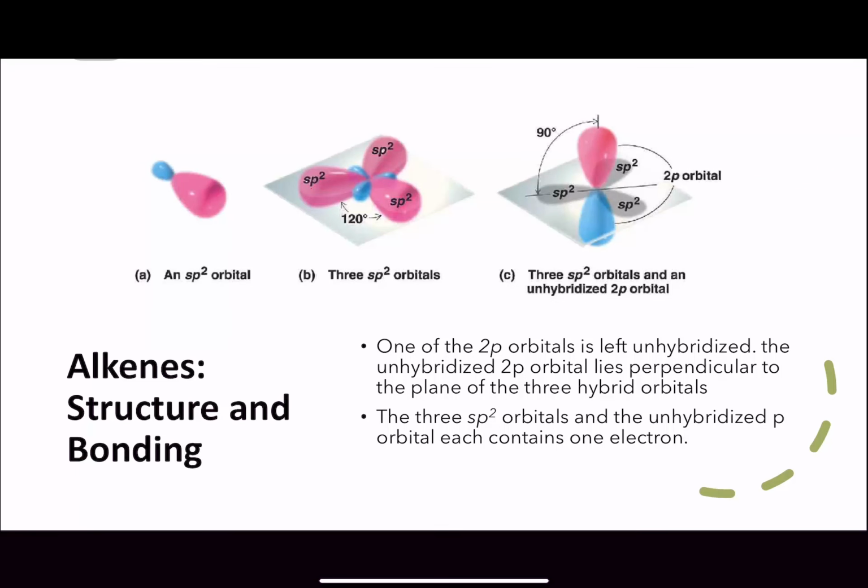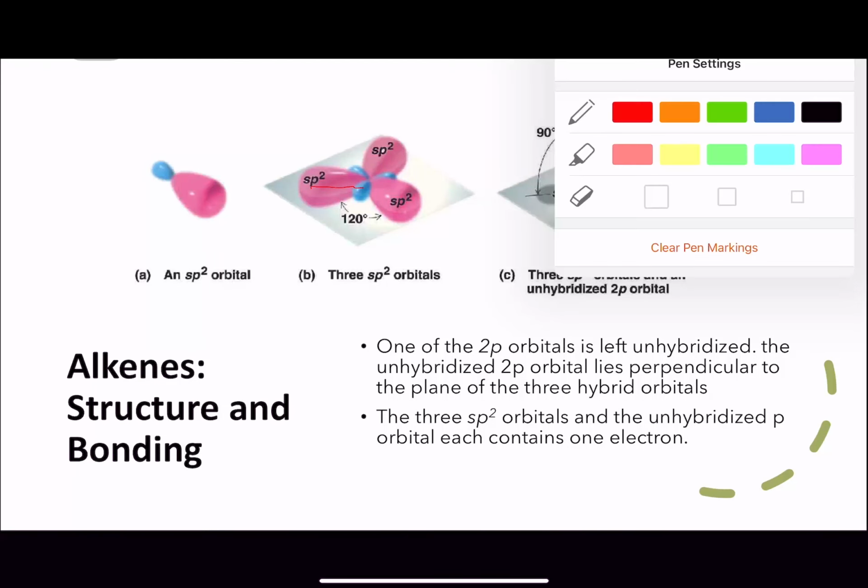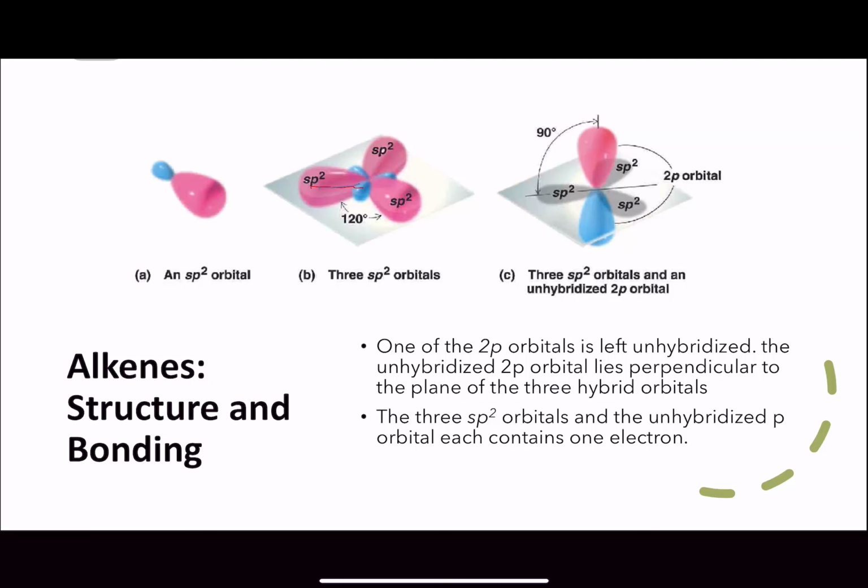So we know that one p orbital will remain unhybridized. The three sp2 orbitals will be arranged in a flat, trigonal planar form, and the bond angle here is 120 degrees.